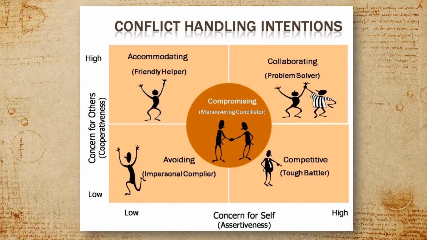there are two things that should be considered. Concern for others, so the way people are ready to cooperate with others, to help them and to step ahead towards their needs and the needs of others. And concern for self. For yourself, this is assertiveness, when you realize that I do deserve that, and I really want to do it because I need it.